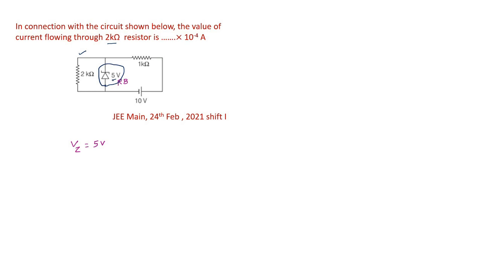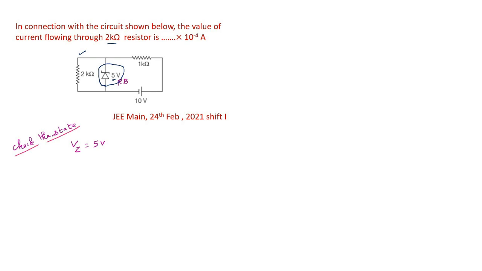So how to check whether the diode is in the on state or off state? For that, you remove the Zener diode from the circuit and measure the voltage across the open circuit after removing it. So we will check the state now.